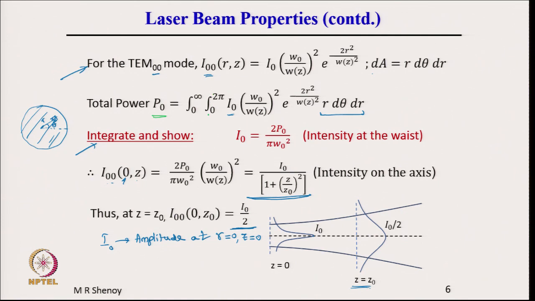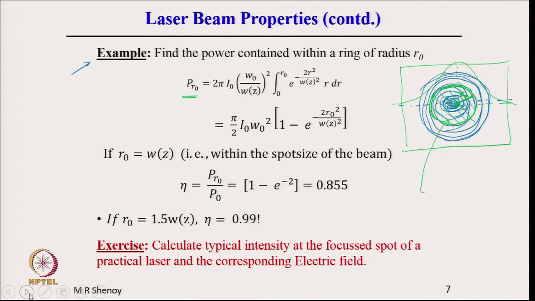Now, we have to integrate, of course, 0 to 2 pi will be there because it is a disk or a circle, but this will go from 0 to r 0, that is the only difference. That is what we have shown here. So, 2 pi I 0 into W 0 by W z the whole square, the other term outside.